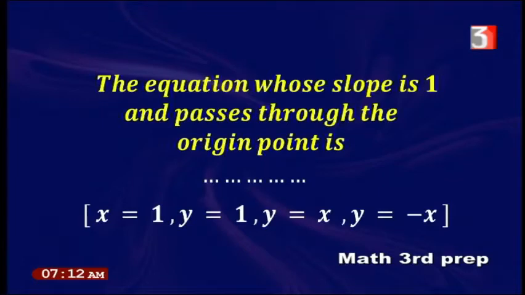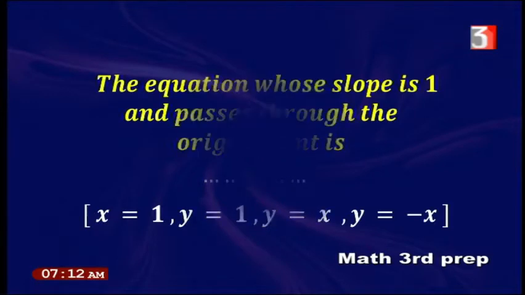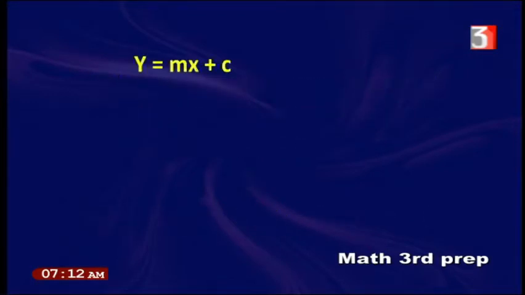All of you know that the equation of the straight line is denoted by y equals mx plus c. By substituting, y equals 1x plus c, as the slope equals 1. And all of you noticed that this equation passes through the origin.